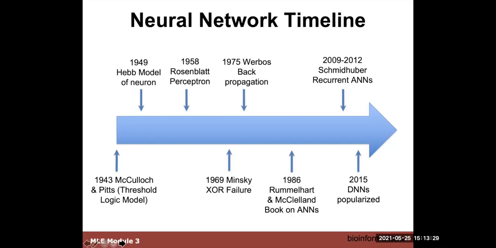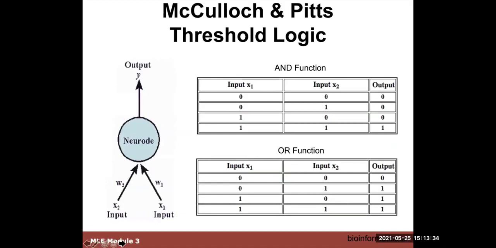They were interested in trying to explain or model how neurons work. The threshold logic model is the idea that you've got inputs, maybe coming from 2 different neurons or dendrites, coming into the neuron or neurode, which is the body, and then an output with an axon.